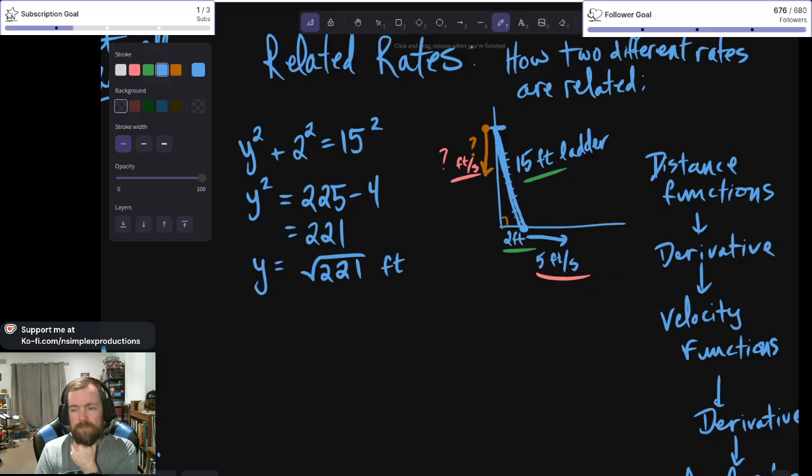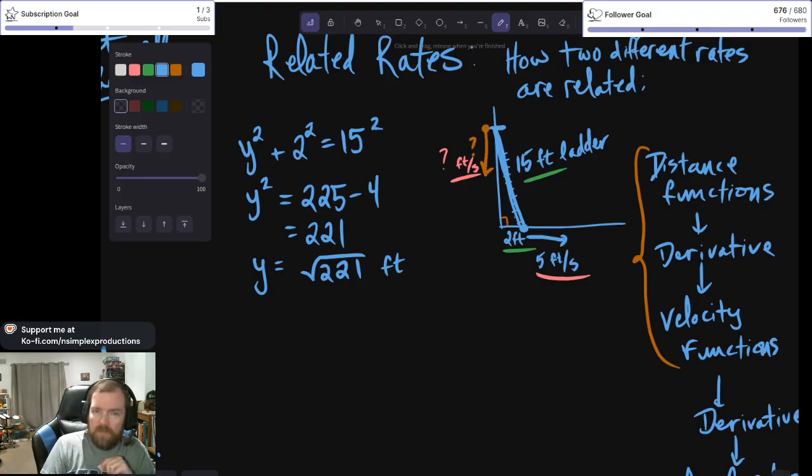Okay, so in this particular case, this is really our process. We would need to start with the distance function, take its derivative, get the velocity function, and in this case, the velocity value will be found from the other velocity that we have.